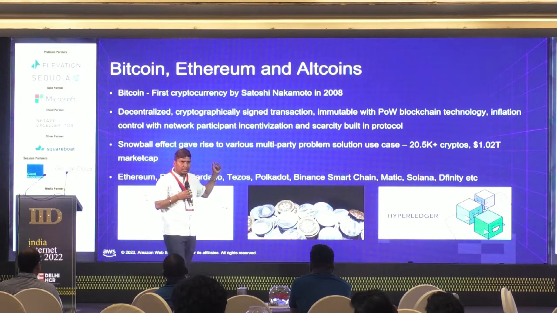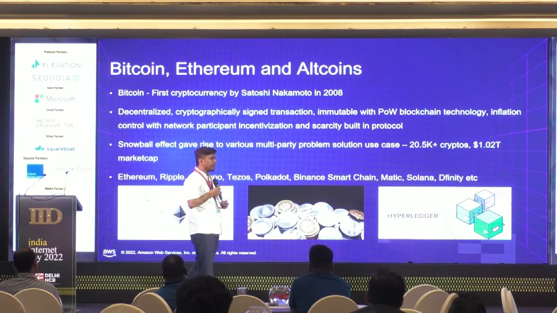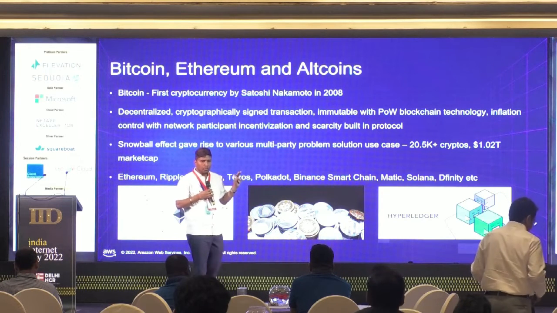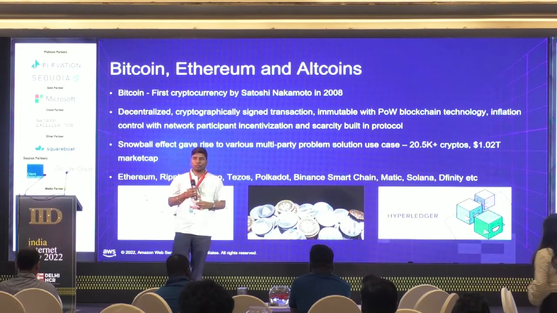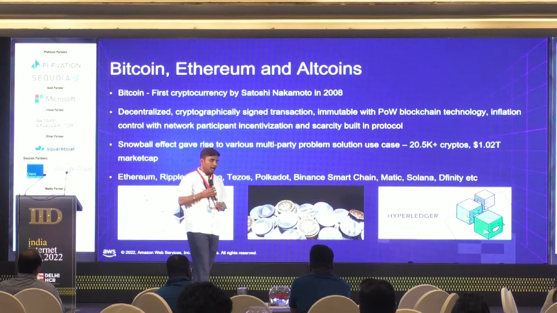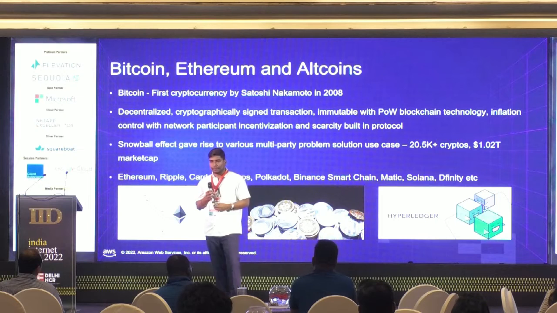Now, there are a lot of things, as I said, in that white paper. I'll leave it for you guys to read. But there are two things which are very important for the discussion we're going to have for the next 1 hour. One is he claimed that he has a solution for a peer-to-peer cash transaction system, right? And the second thing he claimed is that he also has a solution for double spending, right?